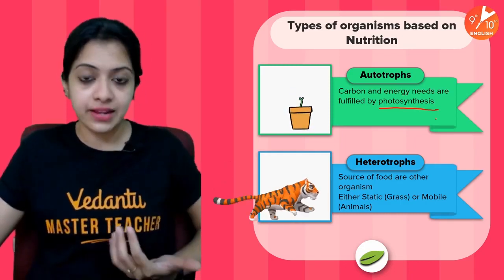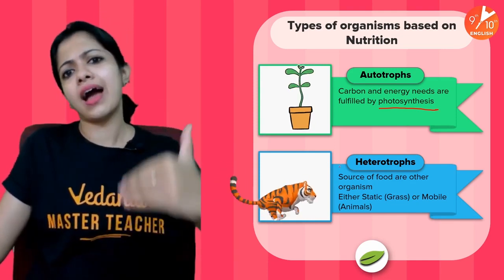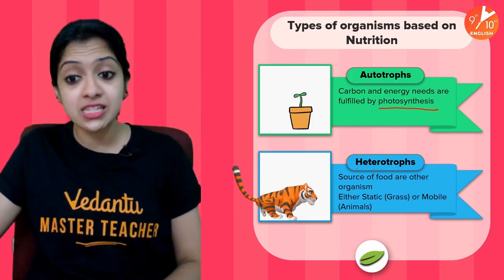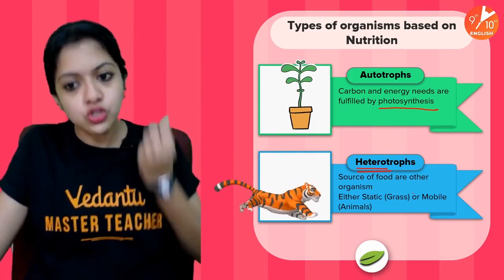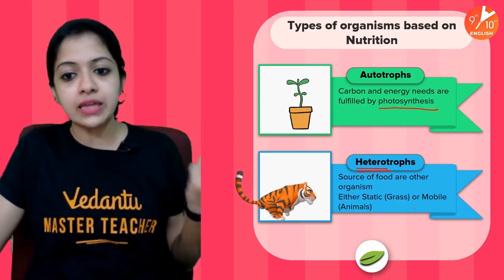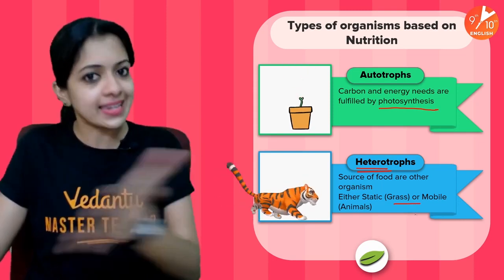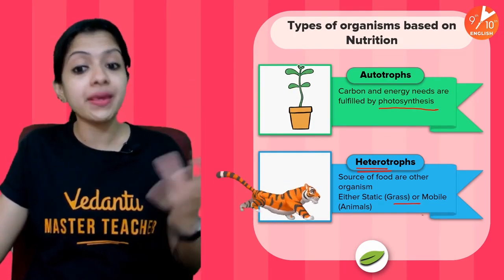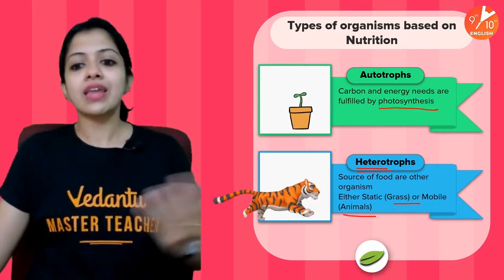We call ourselves, along with any other organism which depends on other organisms for their nutritional needs, heterotrophs, because heteros means others and trophos is nutrition. The source of food for heterotrophs may either be a static source like plants or grass, even vegetables and fruits, or it can be a mobile source of food like other animals, right? Okay, so that's about heterotrophic.